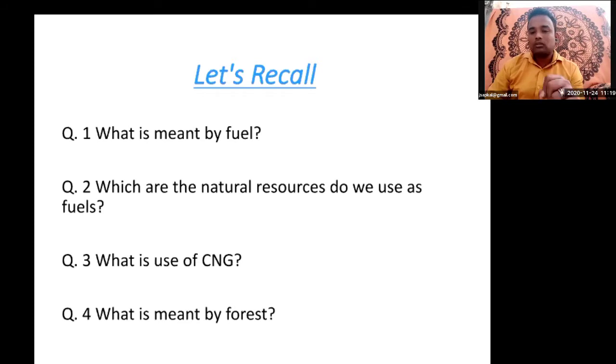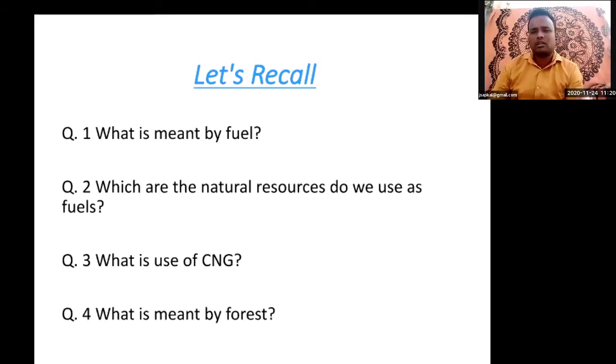But today we'll learn about fuel. Before going to the lesson, we'll recall what is meant by fuel. Fuel means a material that is burned to produce heat or energy. When we cook food, we use different types of energy resources.